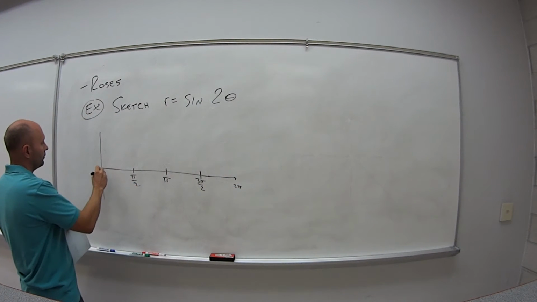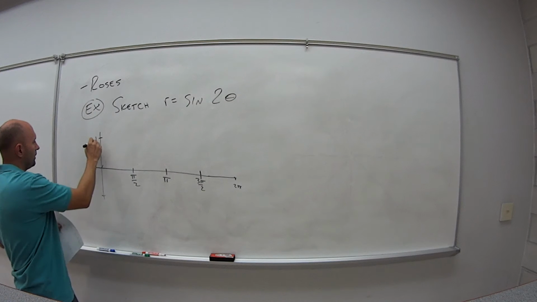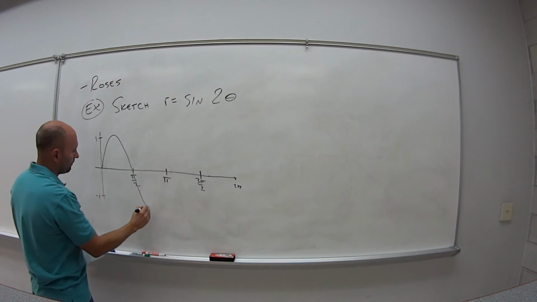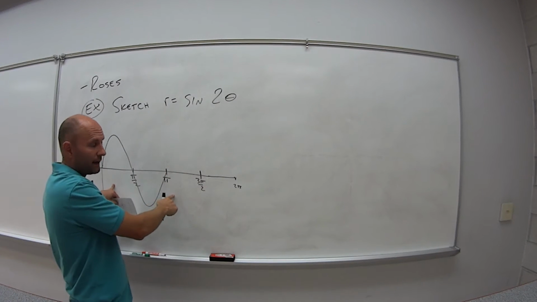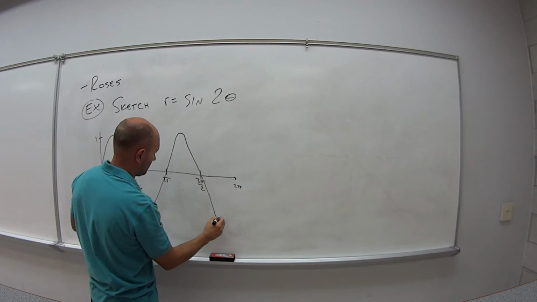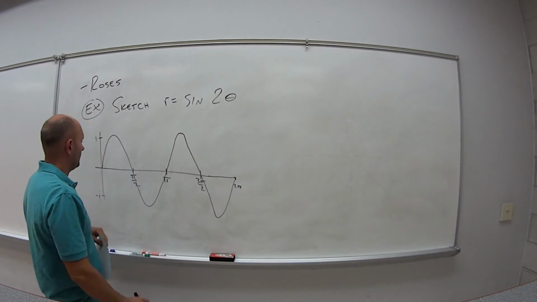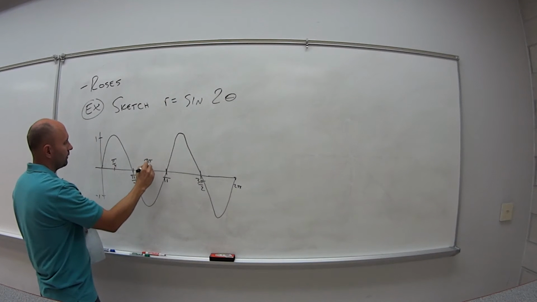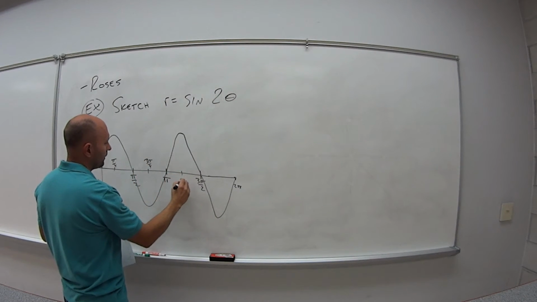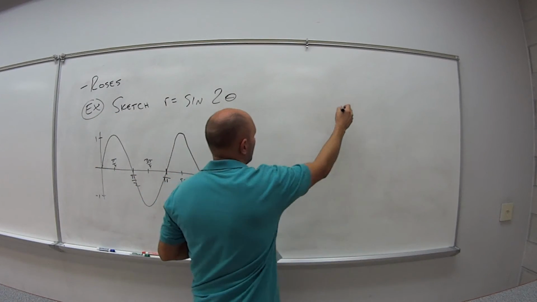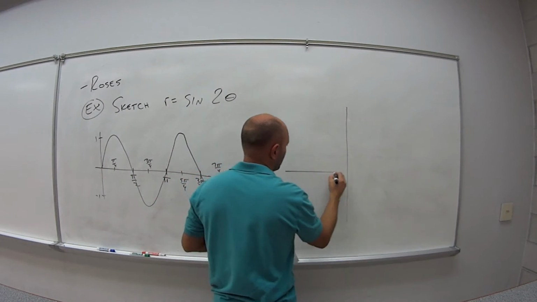I'm still going from 1 to -1, and I make a complete cycle in the distance of pi. So again, I'm at pi over 4, 3 pi over 4, 5 pi over 4, 7 pi over 4. So I'm going to draw the same polar graph.